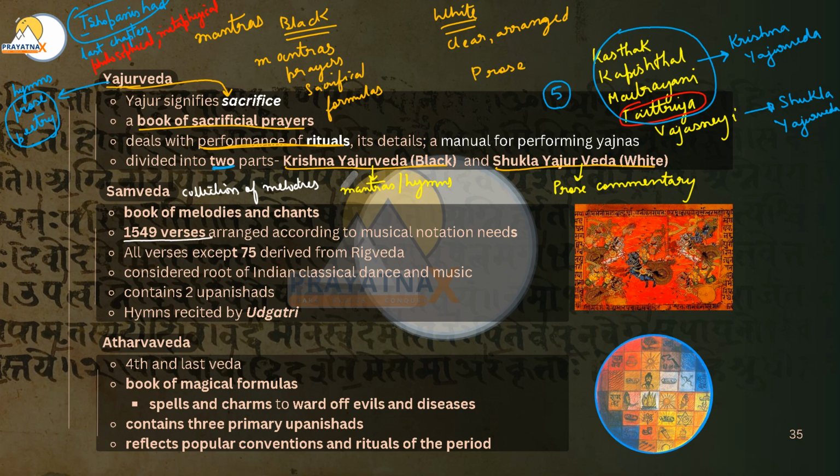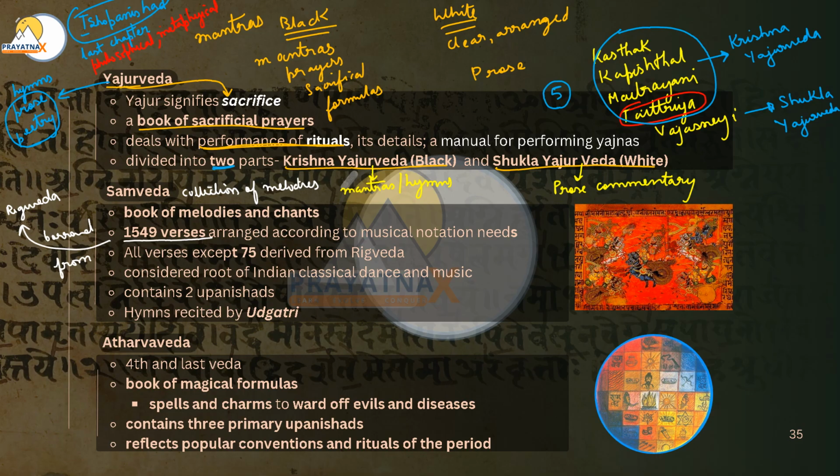It is borrowed from Rigveda. Now the verses are arranged in a way that it meets the needs of the musical notation. Now these are the melodies which were meant to be sung at the time of the Soma sacrifice.